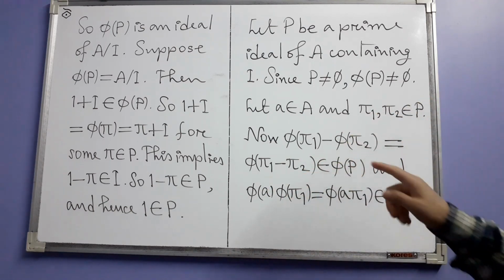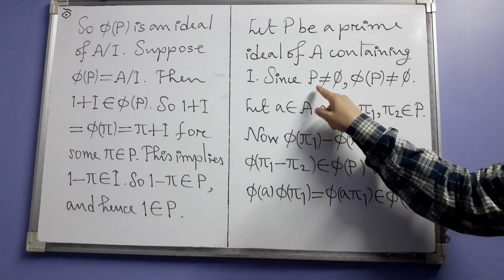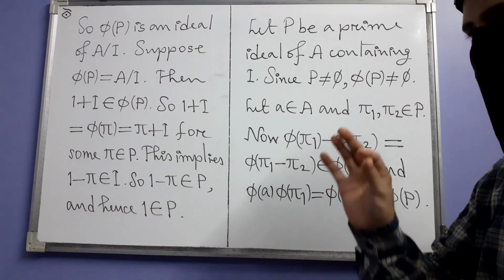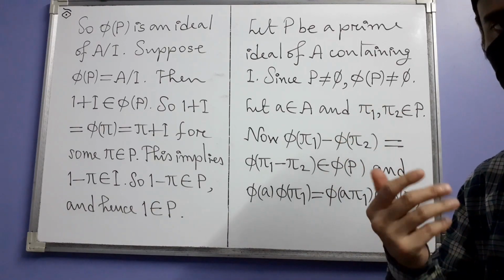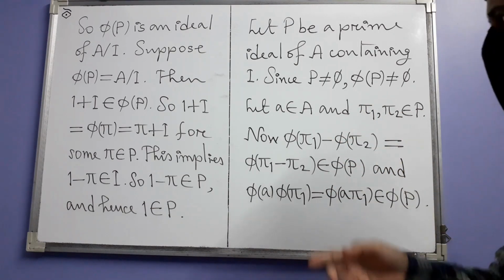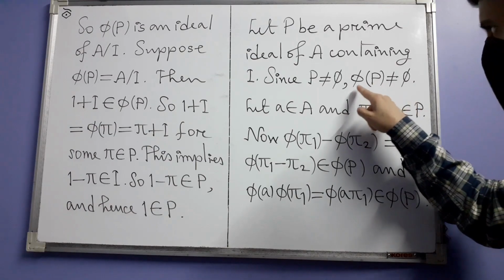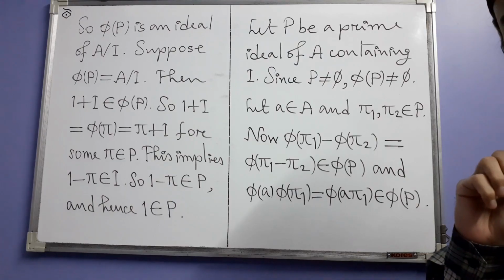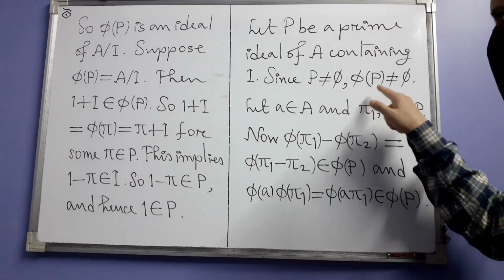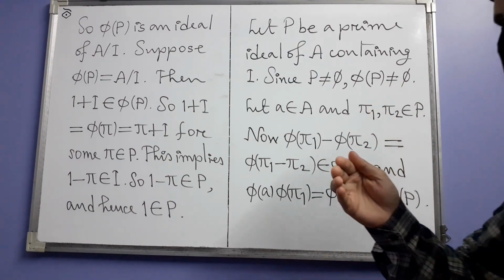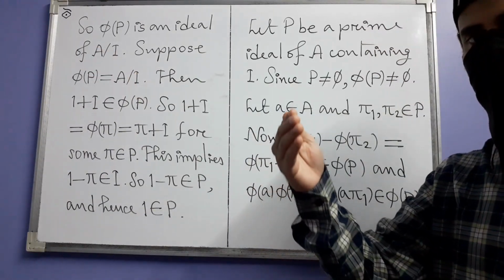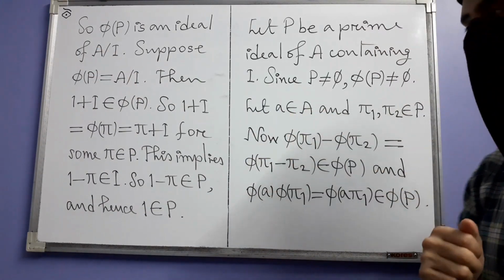The first observation we have is this. Since P is an ideal of A, P is a non-empty set, a subset. So its direct image under phi would also be non-empty. Phi of P would be non-empty. And where will phi of P lie? Phi of P will lie in the ring A/I, because phi is a mapping from A to A/I.